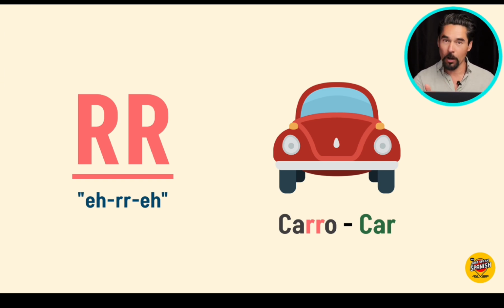Carro, for car. If you live in Spain, car is coche, just so you know. So carro is mainly used in Latin America. Coche is used in Spain. But pronouncing the letter R comes from your diaphragm, from breathing out, and you relax your tongue to get the R sound.